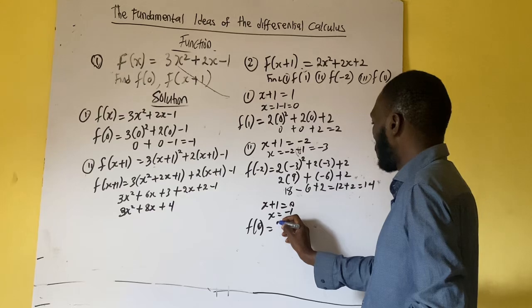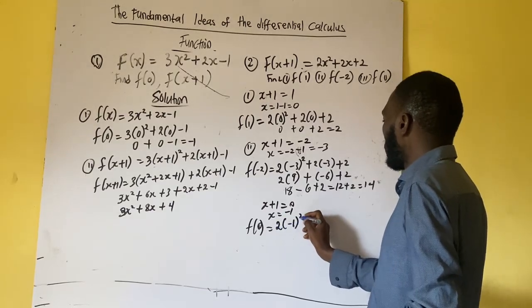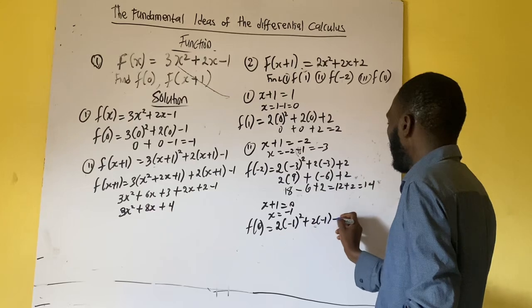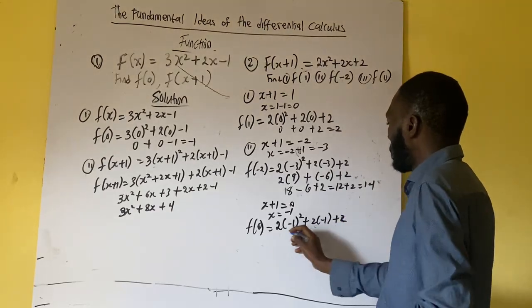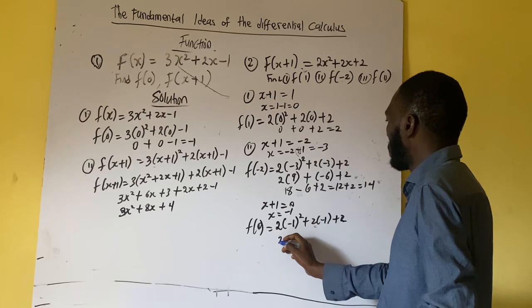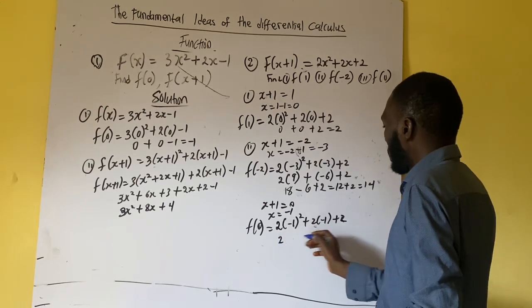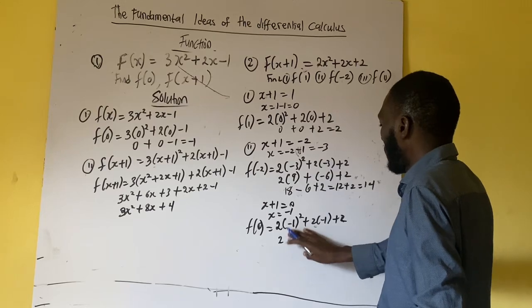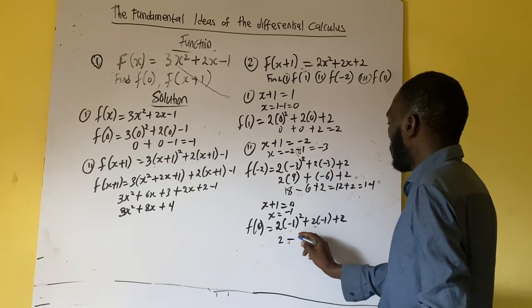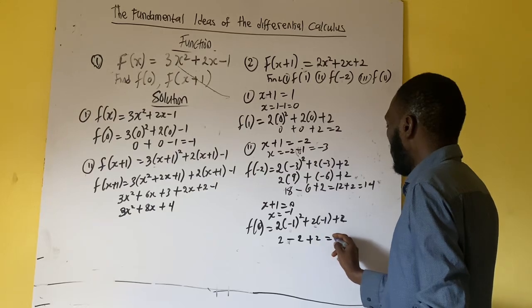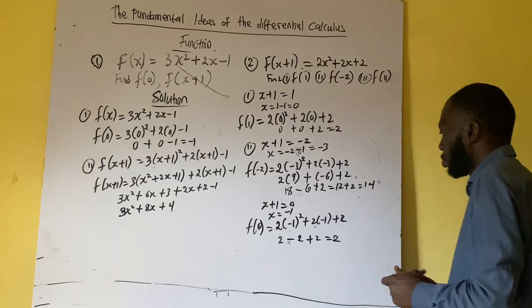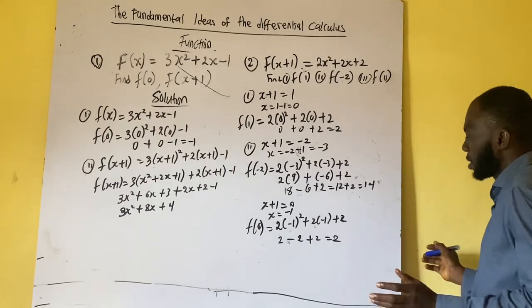So I'll have 2 times (minus 1) squared plus 2 times (minus 1) plus 2. That gives me 2, then minus 2, plus 2. So the answer here is 2. As simple as that.